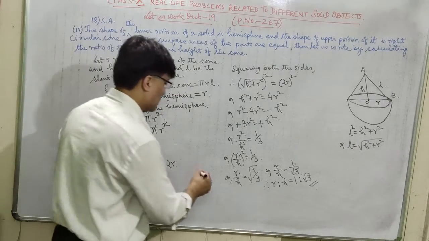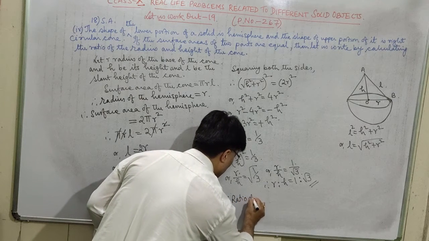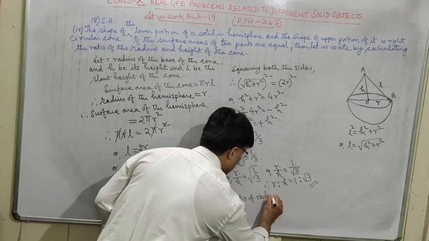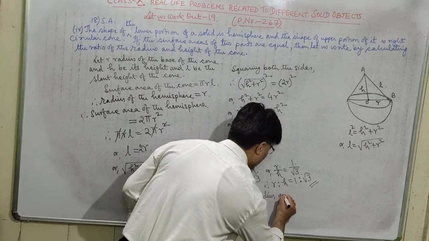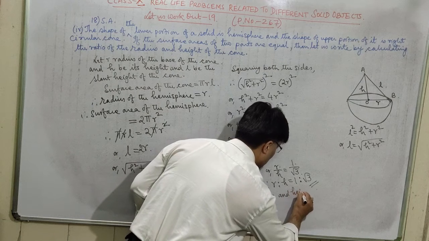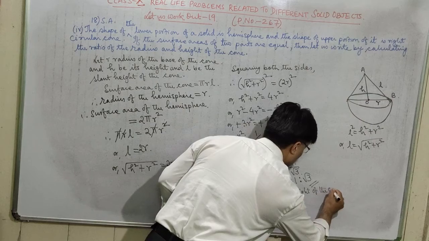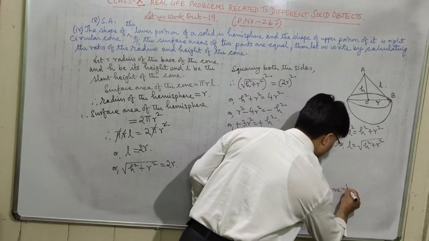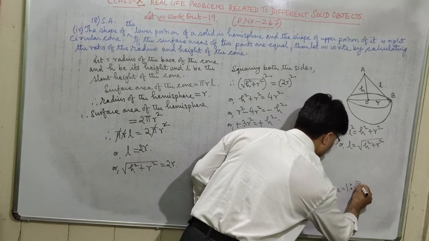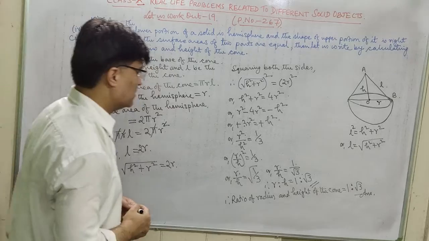Therefore, the ratio of radius and height of the cone is 1 is to root 3. This is the final answer.